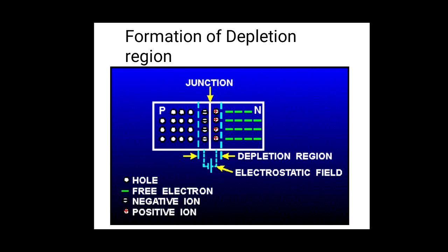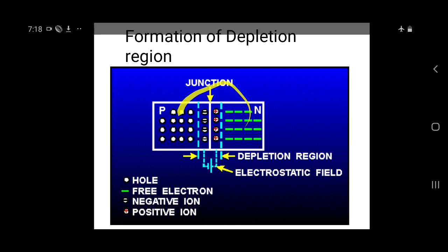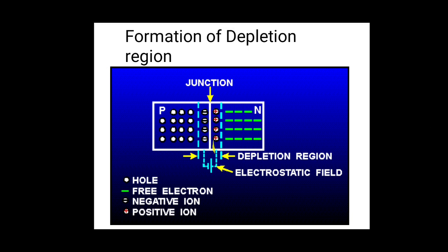So this is the diagram of the formation of the depletion layer. See here, this is the p-type, this is the n-type, both are joined here. So this is the junction, the PN junction. The green dashed signal is electrons, diffusing into the p-type, and they are leaving positive immobile ions near here.